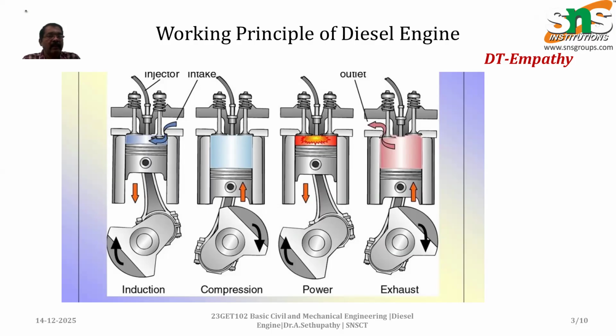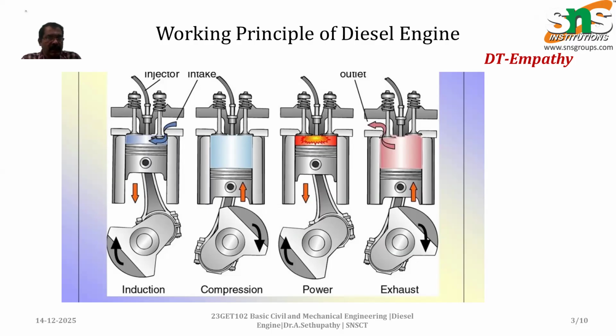The compressed air reaches a high temperature, and this temperature ignites the fuel from the injector. The explosion created sends the piston to the bottom end and top end. So this is the working principle of the diesel engine. Mostly we use the four-stroke diesel engine.